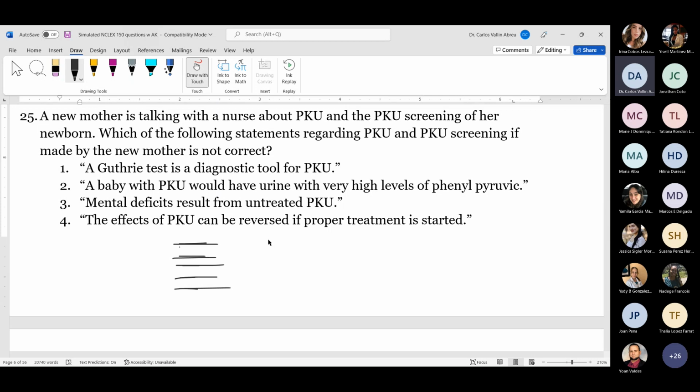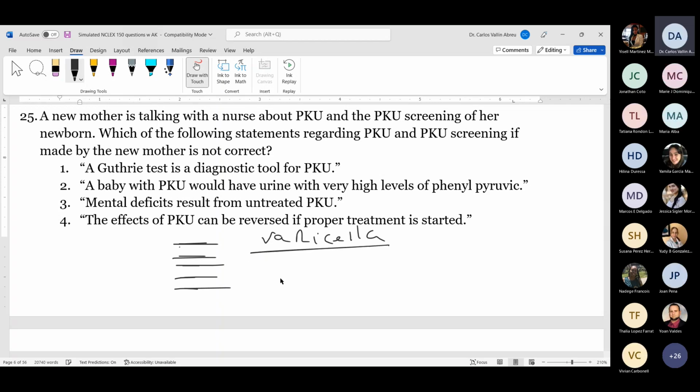But then they combine this with varicella. Do you do a screening of varicella in a newborn? Obviously, no. Newborns don't catch varicella. Tuberculosis. Do you screen tuberculosis in newborns? No. Newborns don't catch tuberculosis.